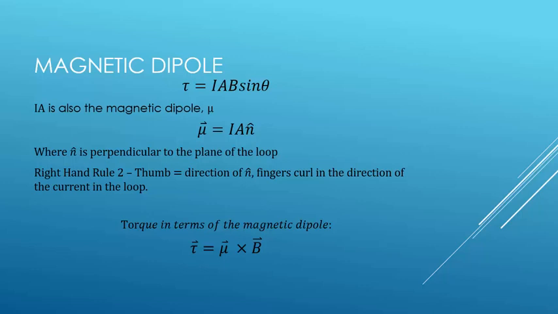And there's another way to find the torque on the field, and it's by using the magnetic dipole. Since magnets come in dipoles, you start off with that IAB sine theta, and the equation for the magnetic dipole is the current times the area, and it is a vector, so it's going to have that n hat vector, the perpendicular to the plane.